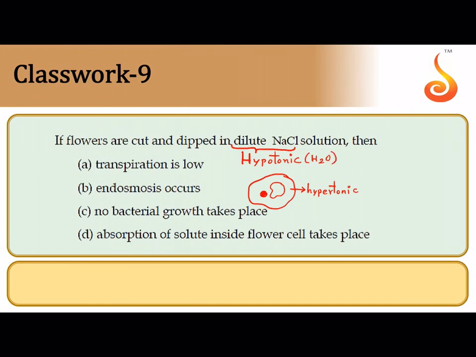Water will move from the outside to the inside, because water always flows from the dilute solution to the concentrated cell sap. The inward diffusion of water molecules into the cell from the surroundings is referred to as endosmosis. So we say that endosmosis takes place.